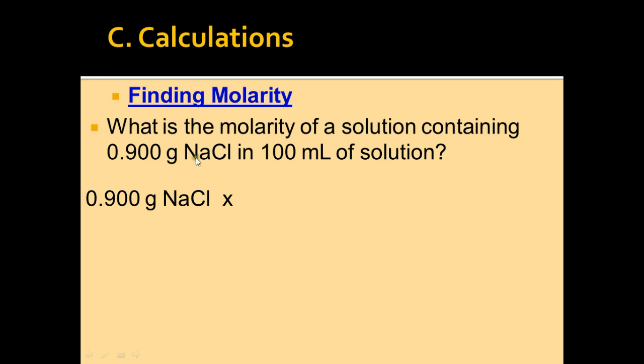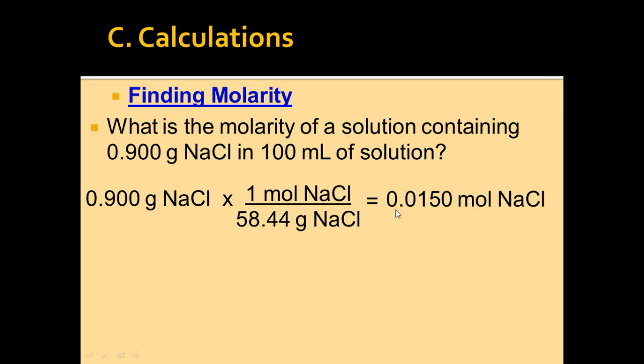We get the molar mass by adding the atomic masses of sodium and chlorine, and that is about 58.44 grams. So we just divide 0.9 by 58.44, and we get 0.015 moles of NaCl. So this amount of grams is this number of moles. We have moles, so step 1 check.